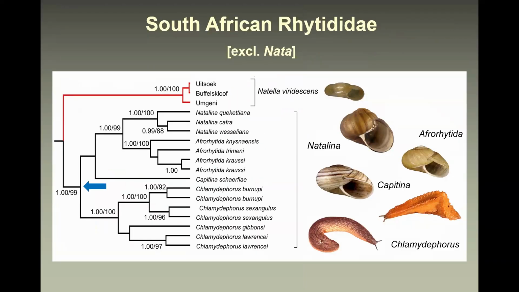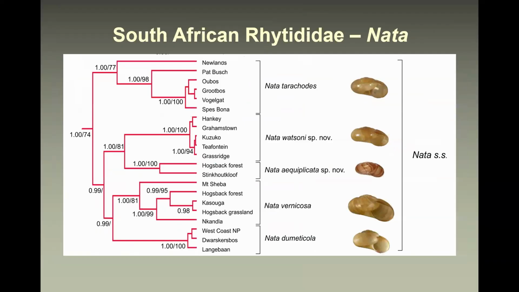Here we are in more detail. Chlamydophorus as a clade in its own right, well supported. And then the Natalina sensu lato, also a clade on their own. And the sister group relationship between these two is also well supported. Same with Nata.